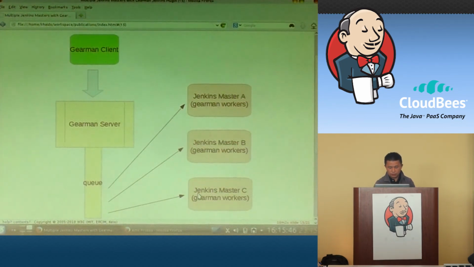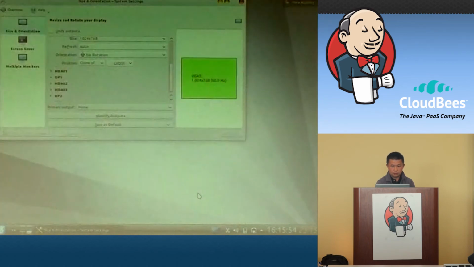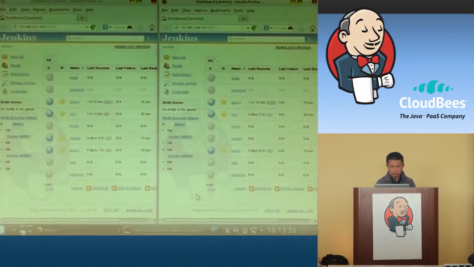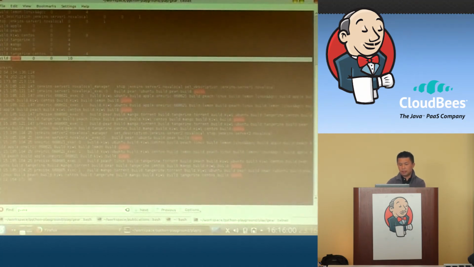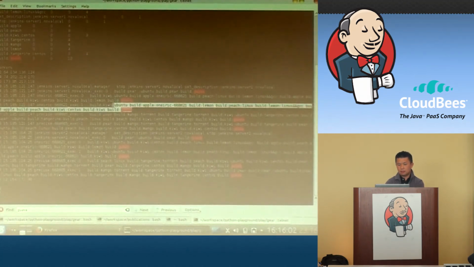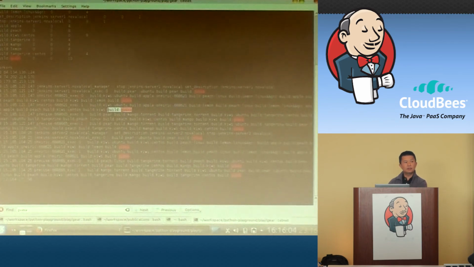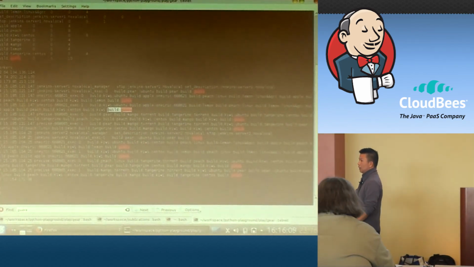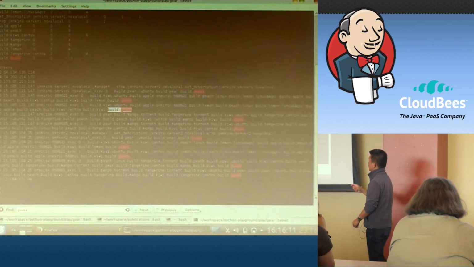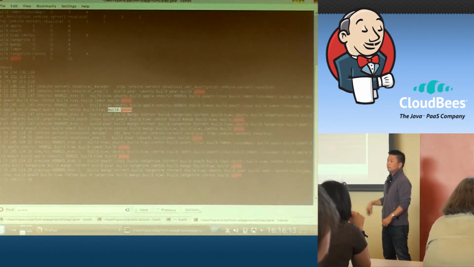Let me show you what it looks like in my demo. So here's kind of what it looks like. You'll see these build Guava. That's the label that's on the Gearman worker. These are worker registrations.